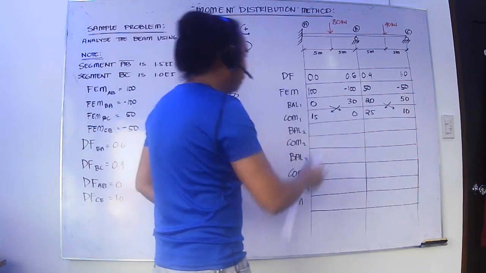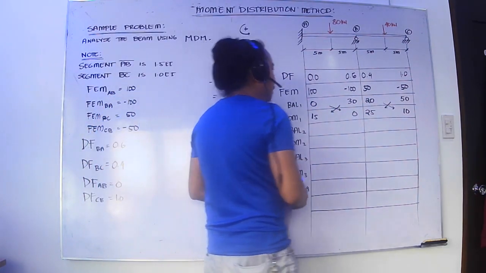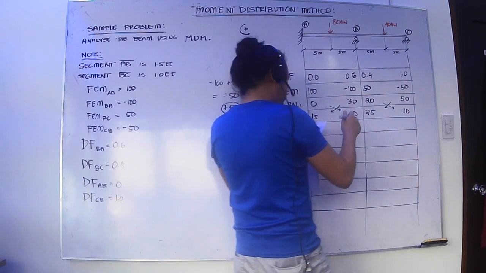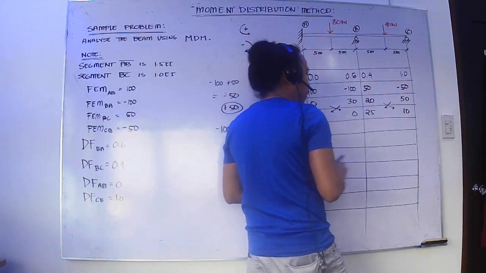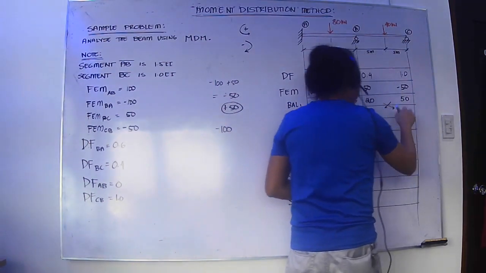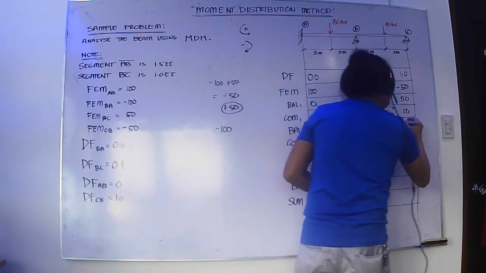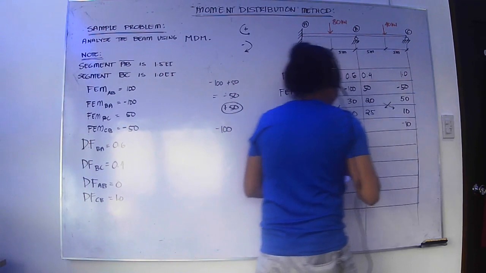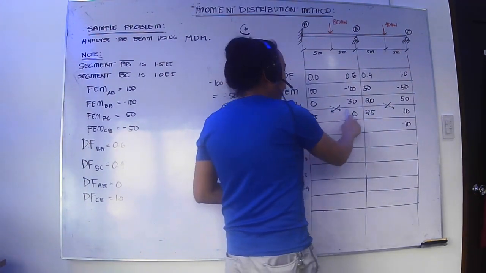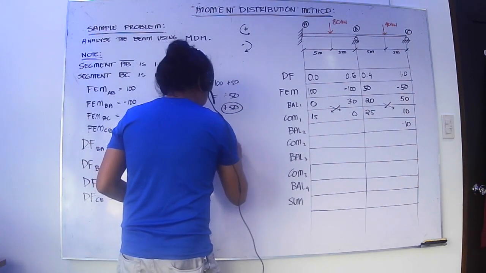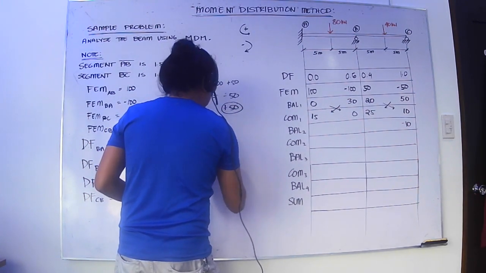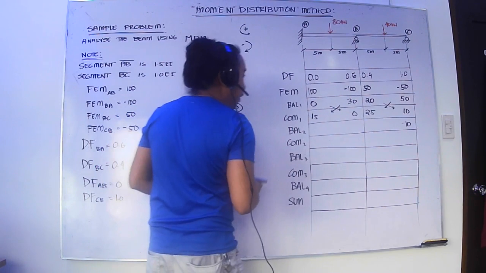So, we do another cycle. Balance this out. For the 10, we add negative 10. Negative 10 times 1 is equal to negative 10. In this case, you have 0 plus 25. How much is that? 25, positive 25.